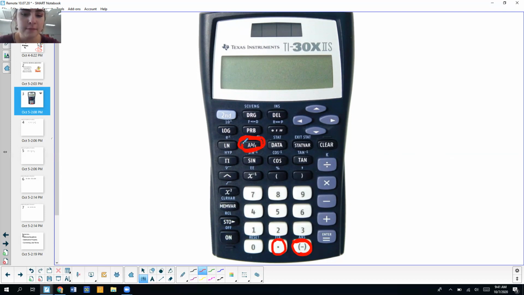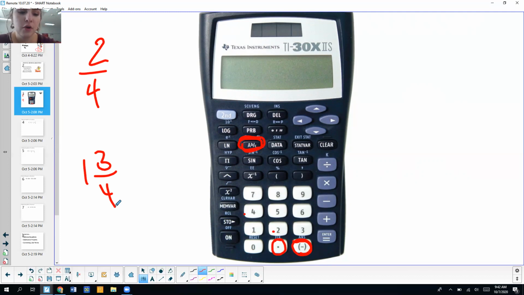And then finally, the big one that's super important, this ABC button. This is very important when entering a fraction. Say I wanted to enter 2/4 into my calculator, I would do 2 ABC 4. That acts as your fraction bar. Same thing for a mixed number, like 1 and 3/4: you enter 1, press the ABC button, 3, press the ABC button, 4, enter.